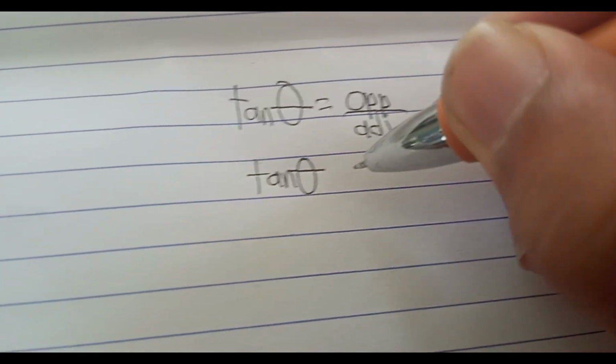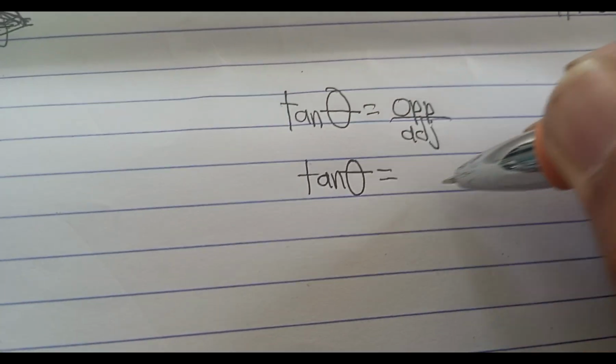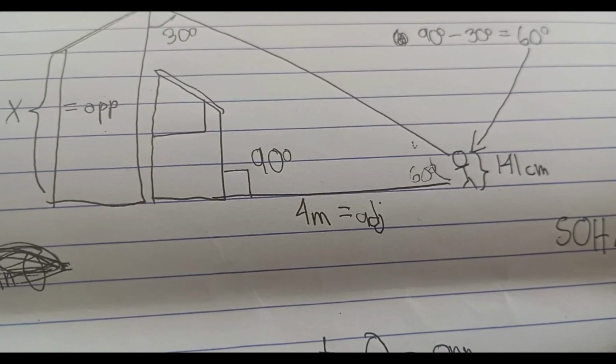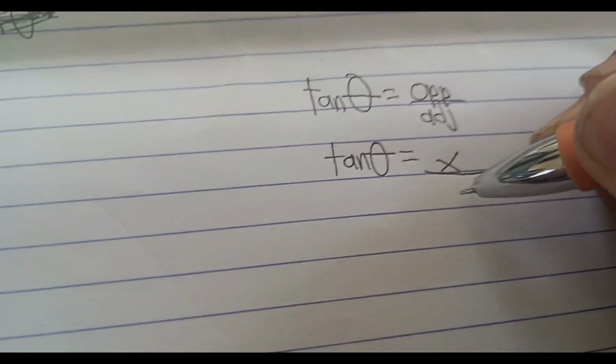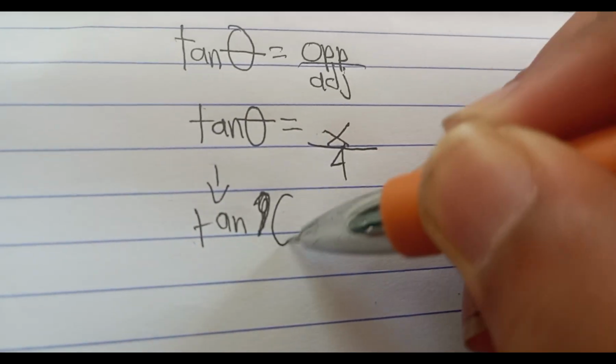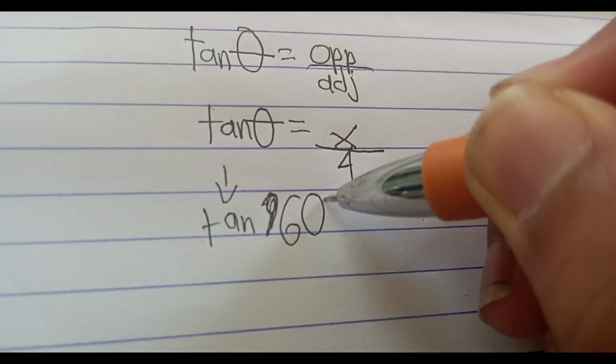Then it will be tangent theta equals the opposite, which is x, over the adjacent, which is 4. The theta will be 60 degrees.